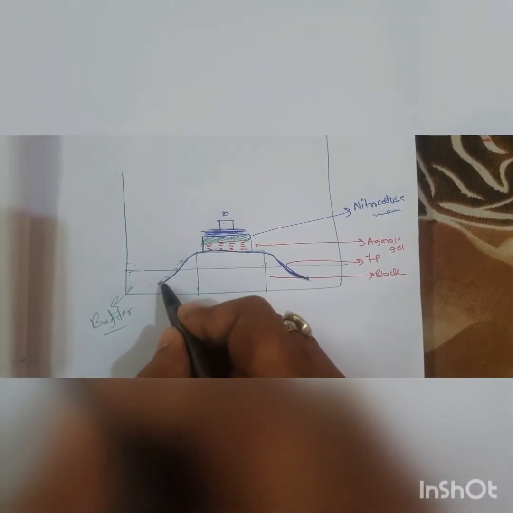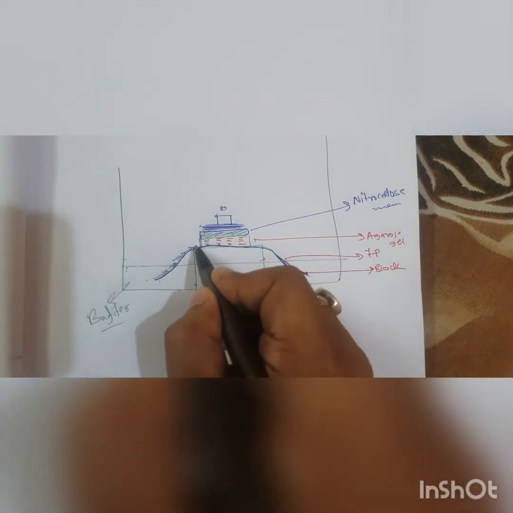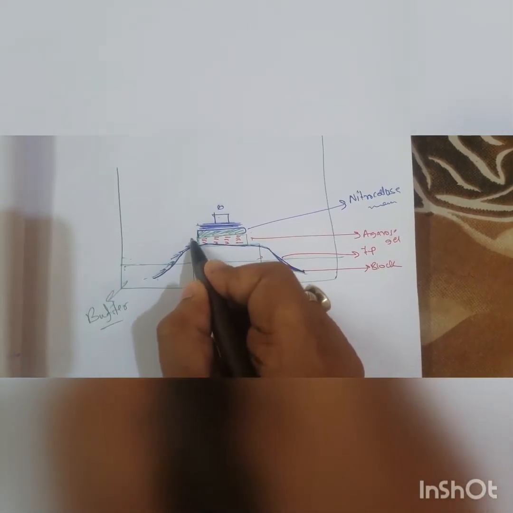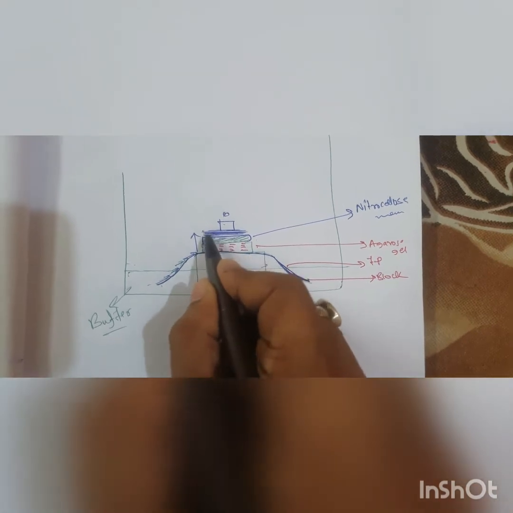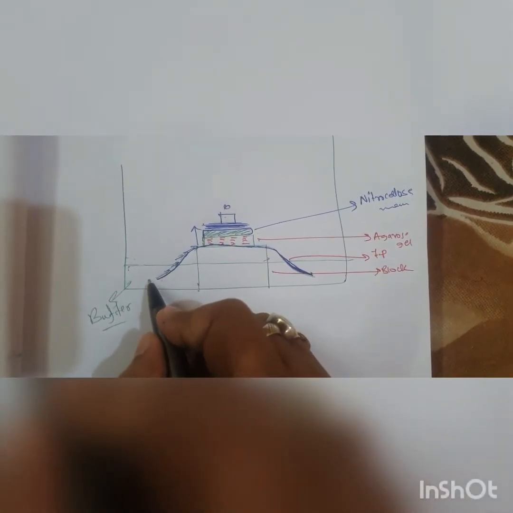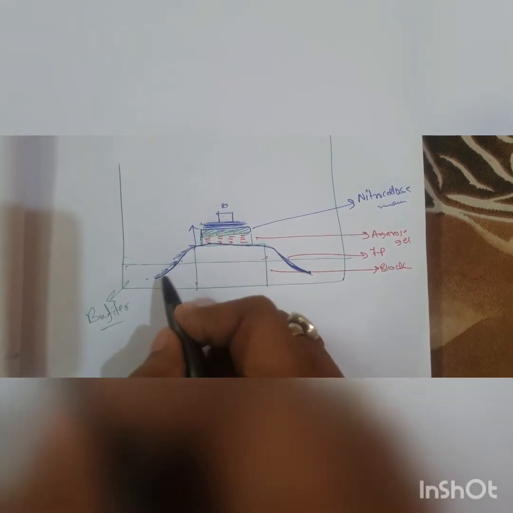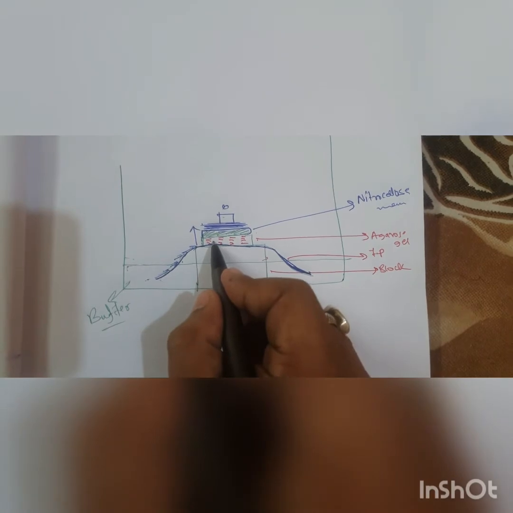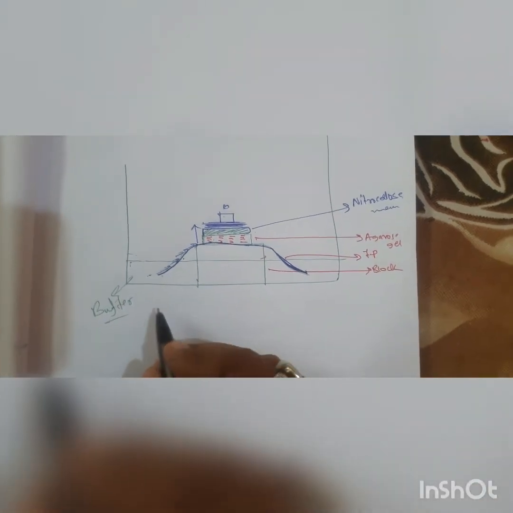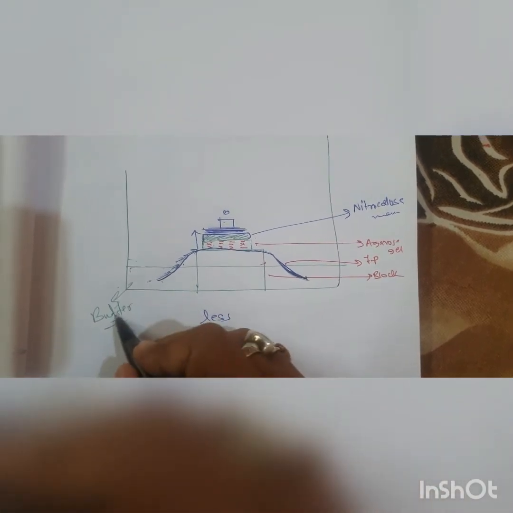Now the buffer will feel capillary action and go up, and due to the filter paper present here, the capillary action will exist and the buffer will try to go into these filter papers. But the affinity of the buffer with the filter paper is less than the affinity of the buffer with the DNA.